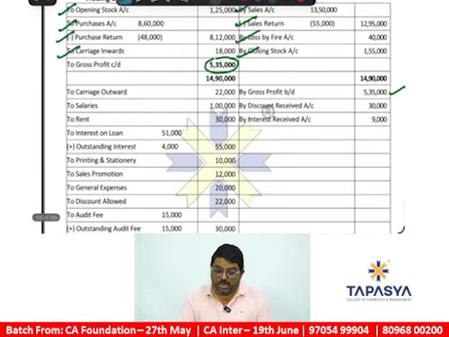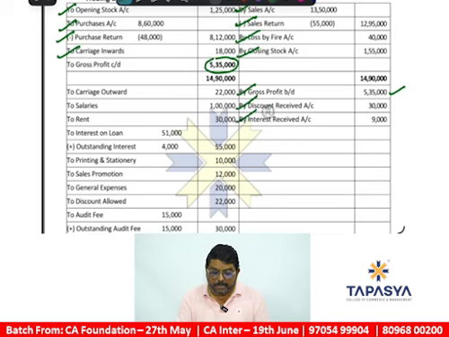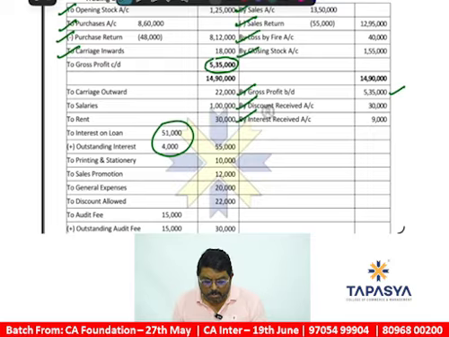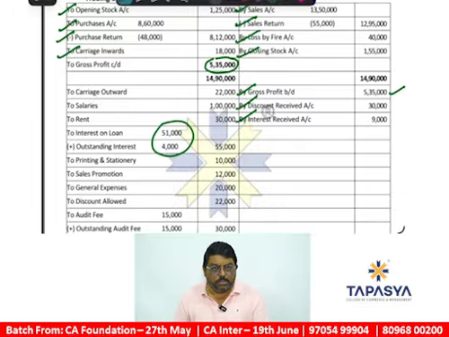On the P&L debit side go all indirect expenses. Carriage inward is indirect, salary no adjustment, rent P&L debit. Already you have seen 55,000 interest on term loan you have to pay, but only 51,000 paid. 4,000 outstanding interest will be added, and it will also be a current liability in the balance sheet. Totally 55,000, right?